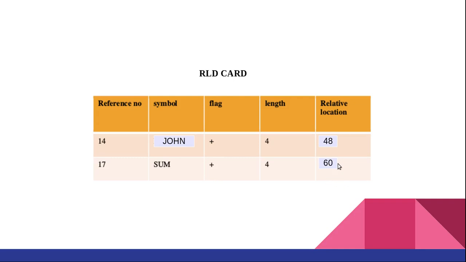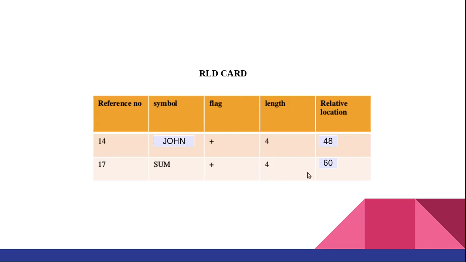Then we will get the value of the 60. So the 60 location is the location of ASUM, and the value of that is the address of ASUM. At present it is 0, we don't know. So the real value of the relative location 60 is the present value of 60 plus the value of ASUM. That's why we are giving ASUM plus in the flag field, and the length of ASUM is 4.